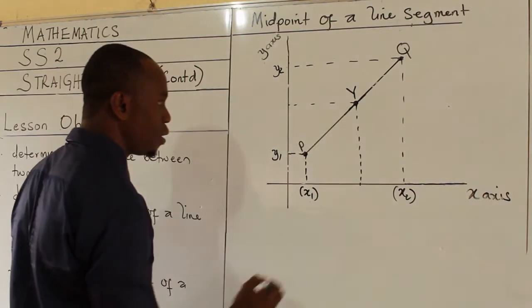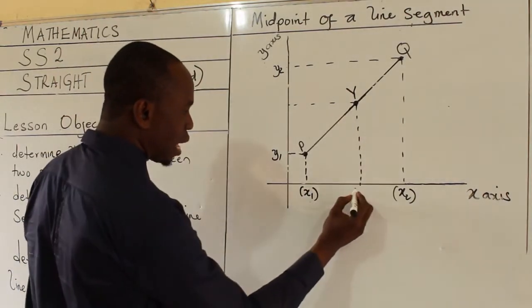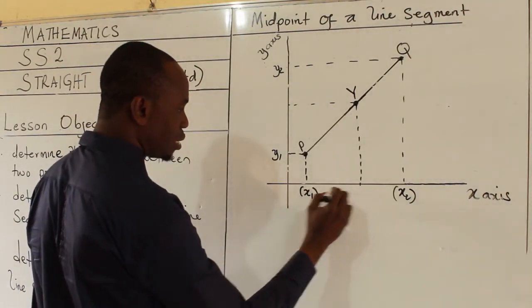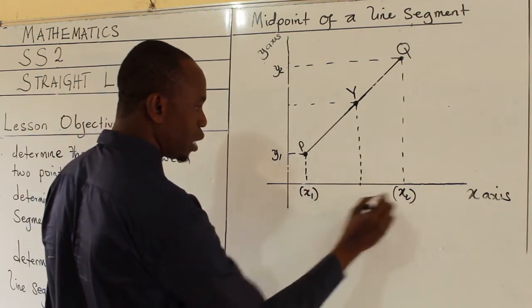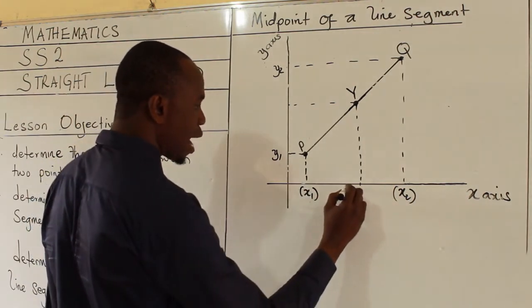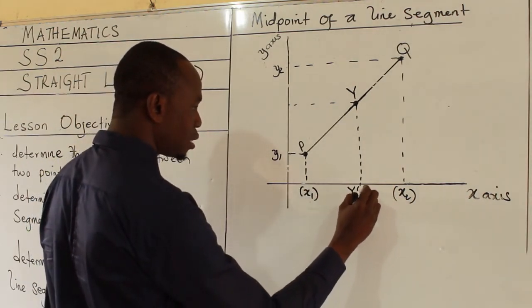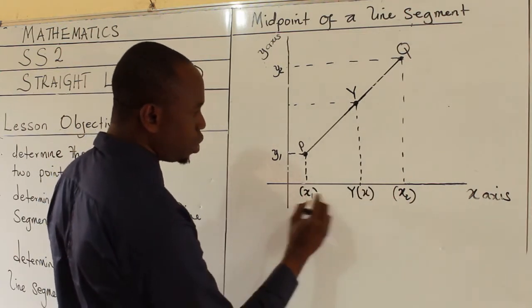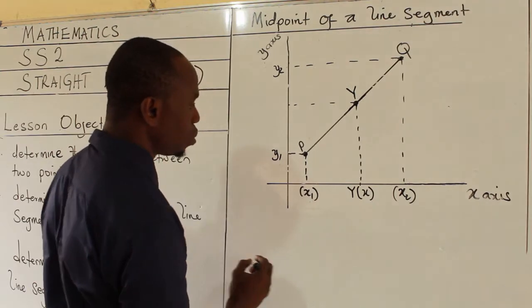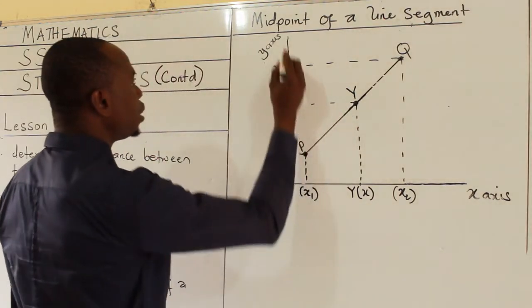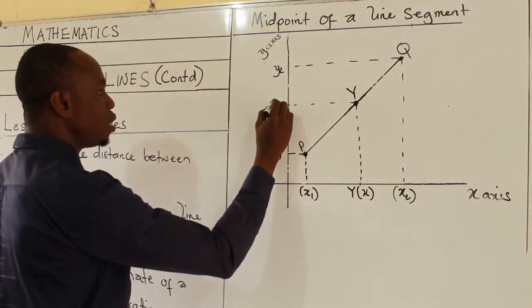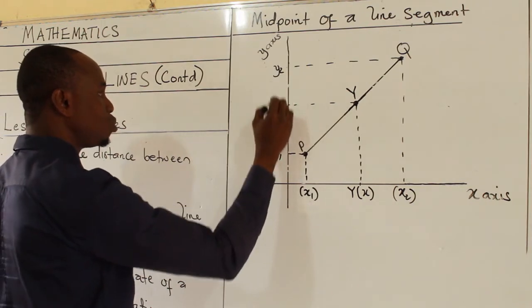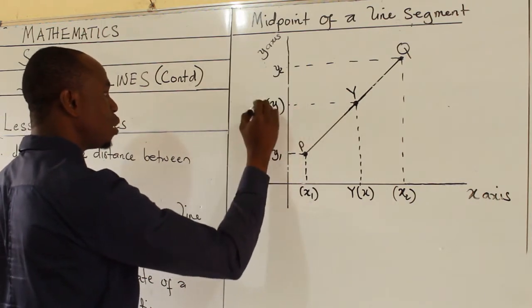So certainly Y will have a coordinate that is halfway between x1 and x2. So Y's x-coordinate will be in between x1 and x2, while the y-coordinate on the y-axis will also be in between y2 and y1.